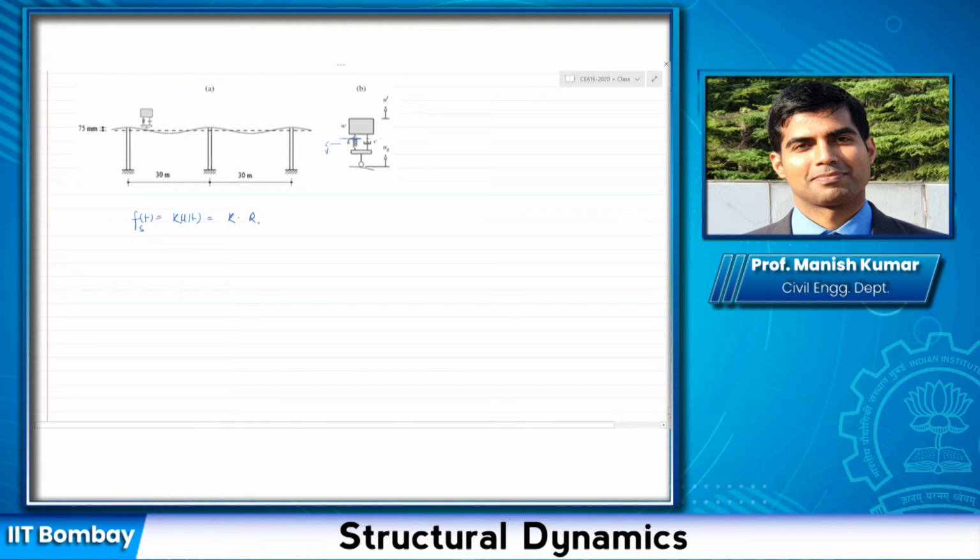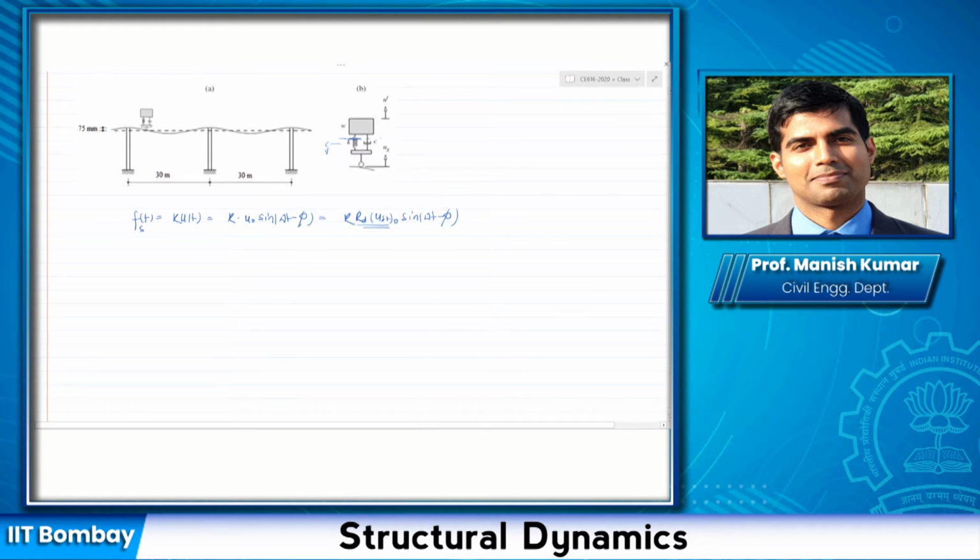It is u naught sine(omega t minus phi), which I can further write as k Rd times u_st naught. This is u naught, the peak dynamic displacement, times sine(omega t minus phi). So this is the expression.